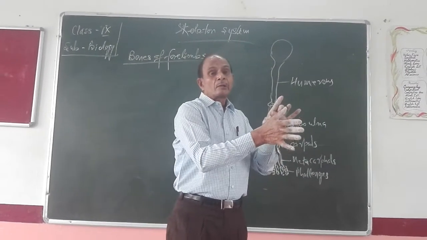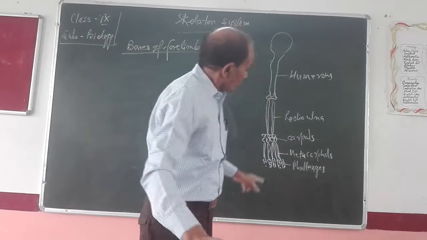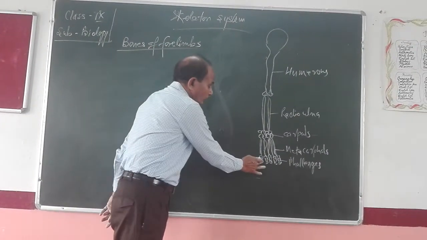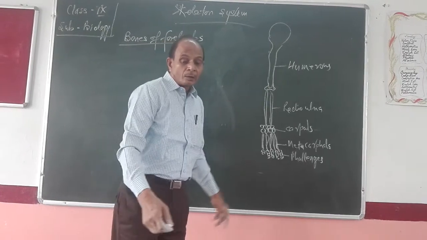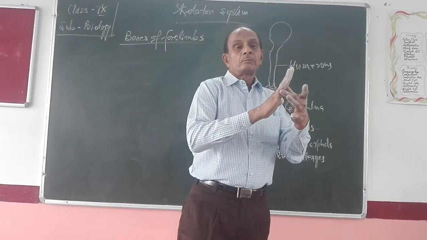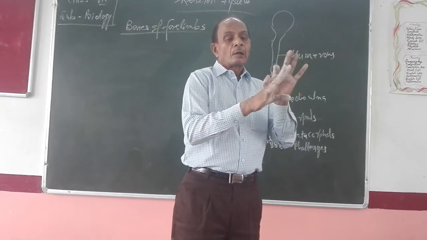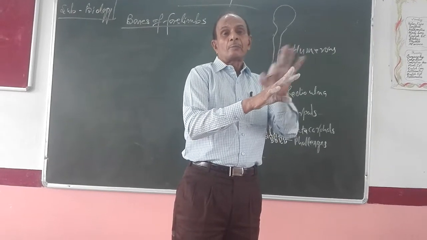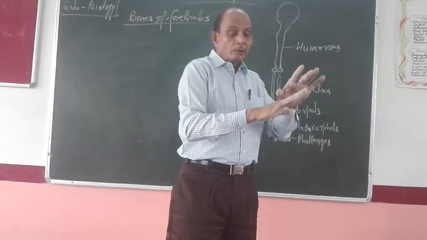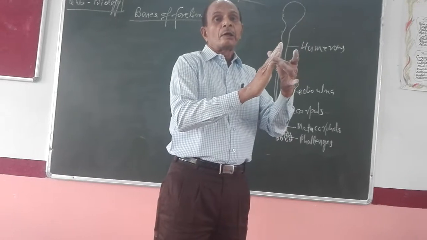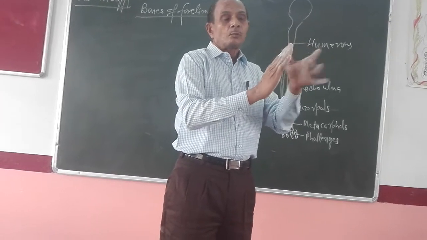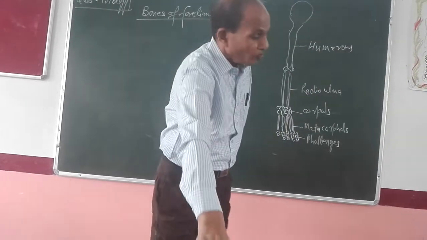In your thumb, only 2 bones are there. Each of the rest of the fingers contains 3 smaller bones. In this way, 4 threes are 12, plus 2, makes 14.